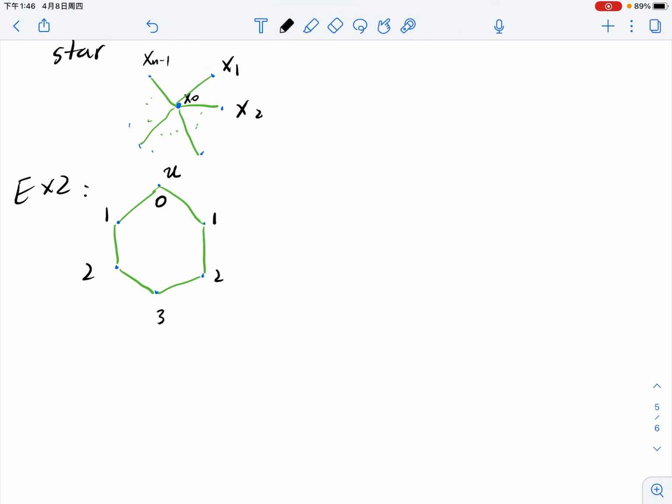But when you generate the trees, there might be several choices. So this is one possibility, and this is the other possibility.